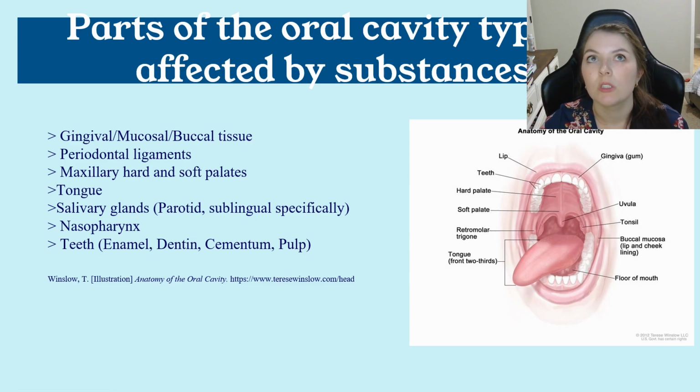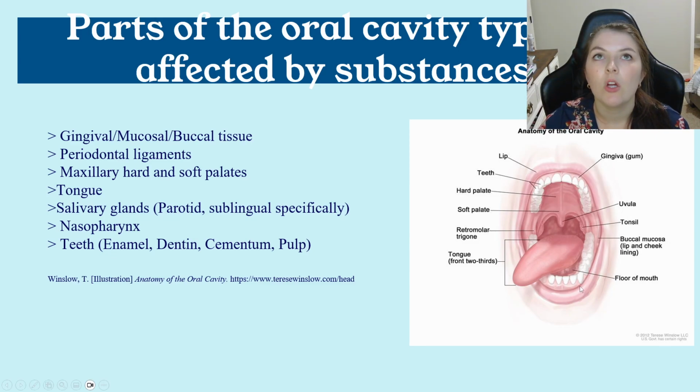And cheek tissue is called buccal tissue. These are all the scientific health terms that we're learning about today. The periodontal ligament are tiny little fibers that run from the root surface of the tooth up into the gum tissue and connects the tooth to the gum tissue.